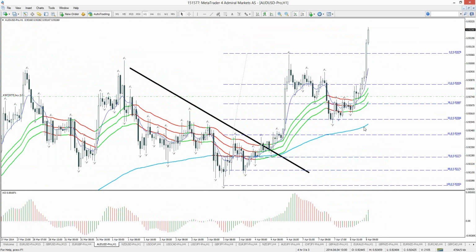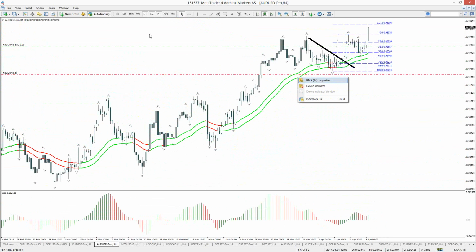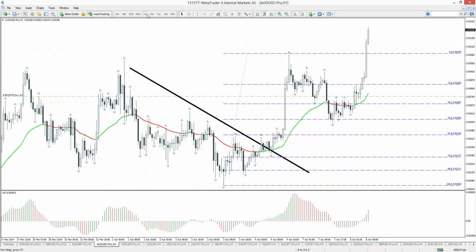What we can do is, for instance, let me take off all of them except one. Now, you do need to be a bit more experienced in understanding what the trend is, but even using just one moving average like this on the hourly, we can see that price was making a retracement.